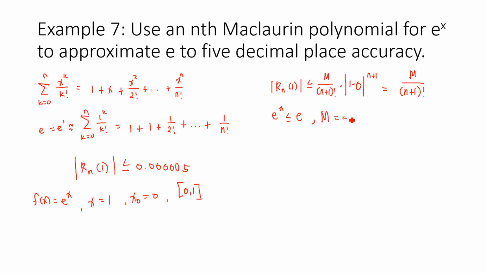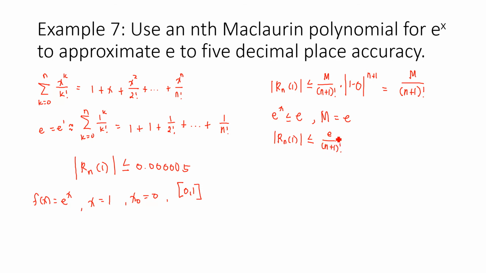So, in this case, we could have the absolute value of the remainder of 1 is less than or equal to e over the quantity n plus 1 factorial.